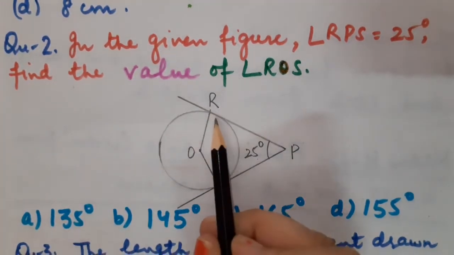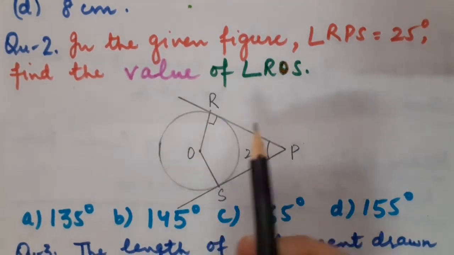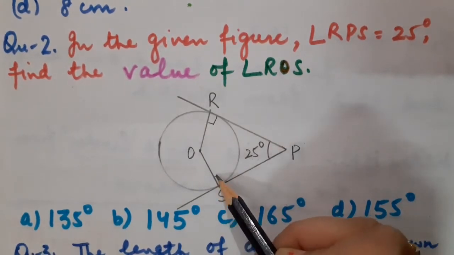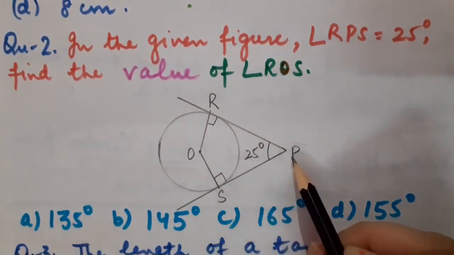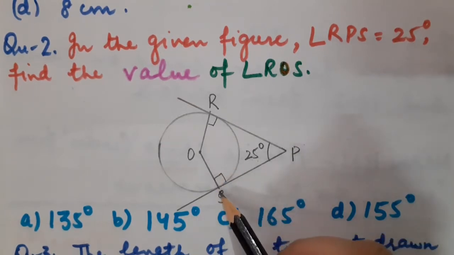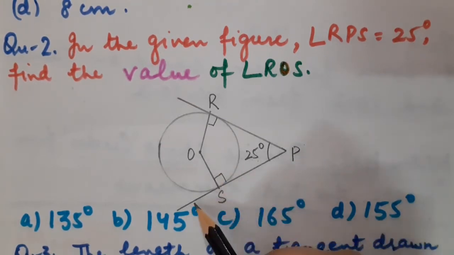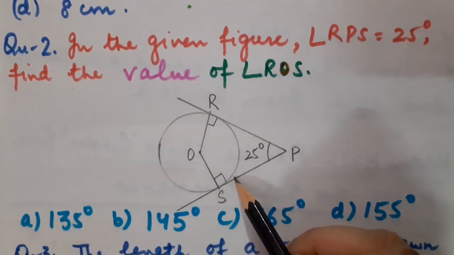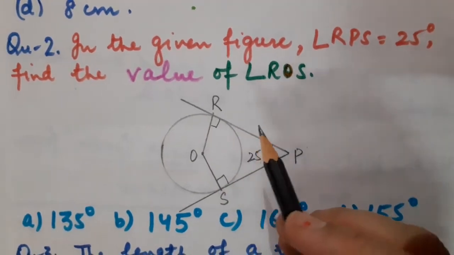One way: you know that OR is perpendicular to RP because the radius is perpendicular to the tangent at the point of contact. In the same manner, OS is also perpendicular to SP. Why? Because OS is also a radius and PS is a tangent. Again, the radius is perpendicular to the tangent at the point of contact. Fine, children?